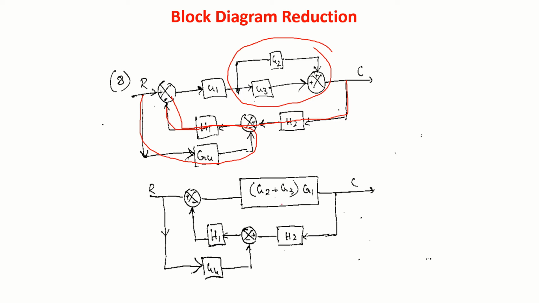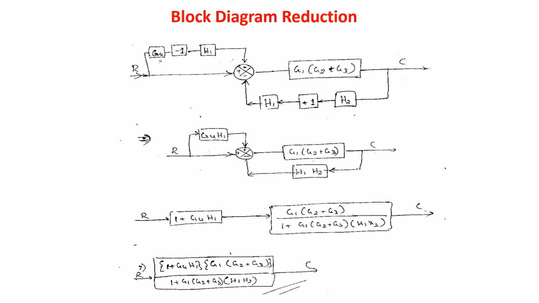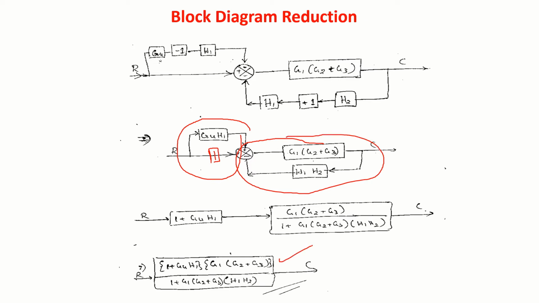Separate into two paths now. I think that's what I have done here. I have separated this into two parts. So this minus minus will become plus. Then this you can assume as 1. And these two you can add. And this in canonical form, you can reduce it. Then multiply, you will get the answer.